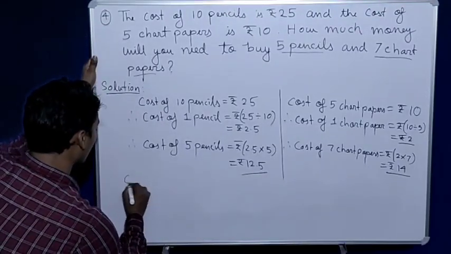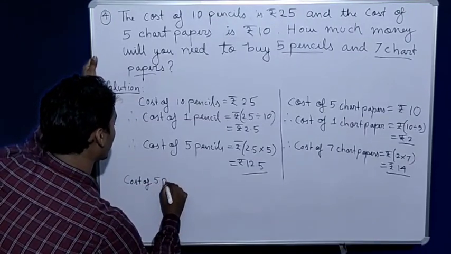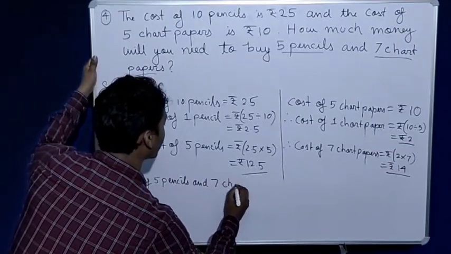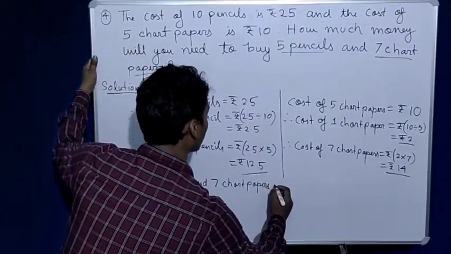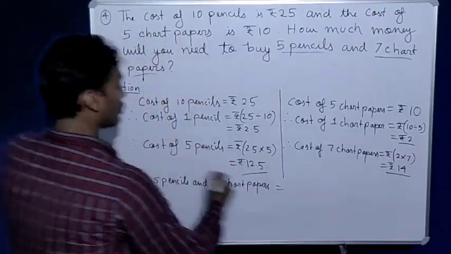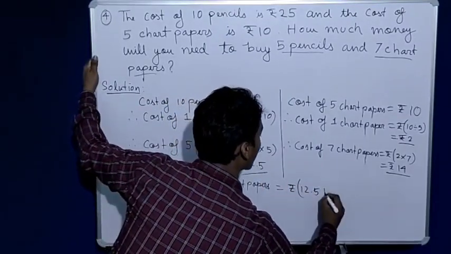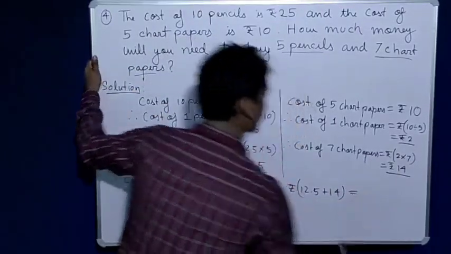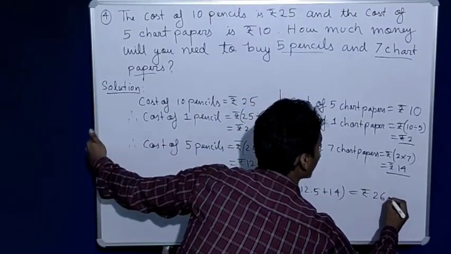So we can say the cost of 5 pencils and 7 chart papers will be equal to rupees 12.5 plus rupees 14. That will be equal to rupees 26.5.